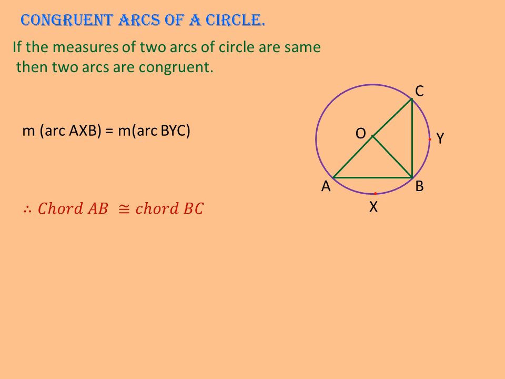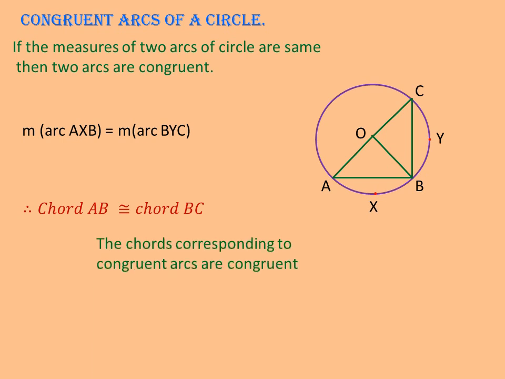That means if I say arc AXB is equal to arc BYC, then I can say chord AB is congruent to chord BC. So we learn that when two chords correspond to congruent arcs, then the two chords are congruent. As it is shown that arc AXB is congruent to arc BYC, then chord AB will be congruent to chord BC.